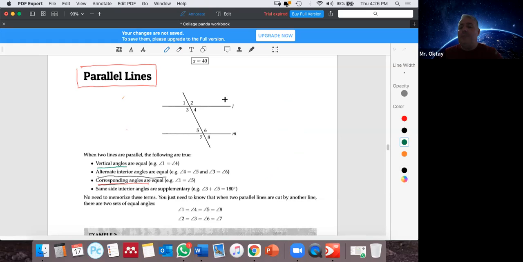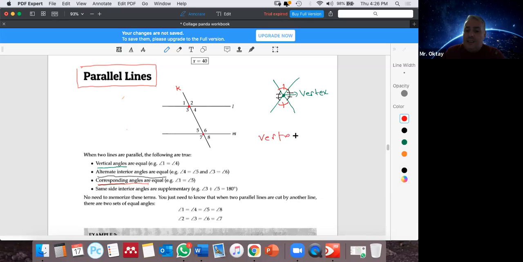Vertical angles. What does it mean, vertical angles? When two lines intersect each other, this is called the vertex. The angle here and the angle here are equal to each other, and the angle here and the angle here are equal to each other, always, always. So in our case, this is the intersection of L and, if I call this line K, for example, L and K, and M and K. These are the vertices.